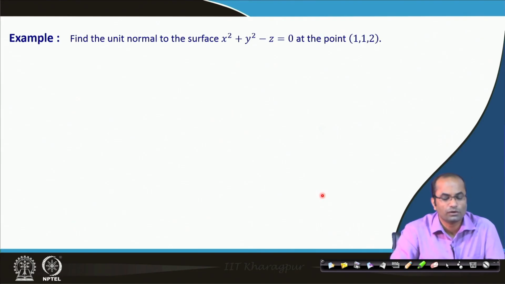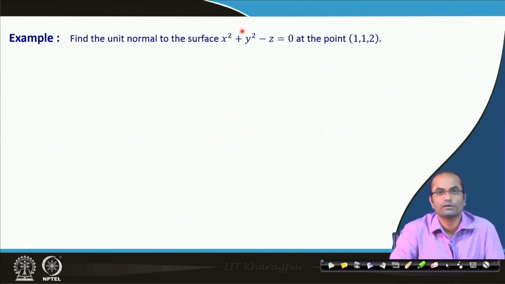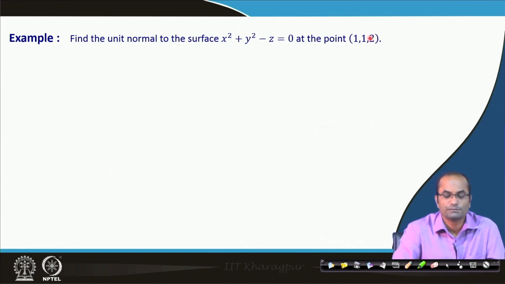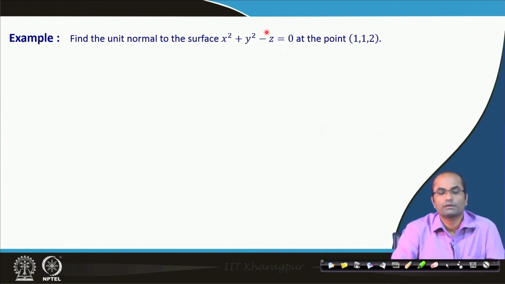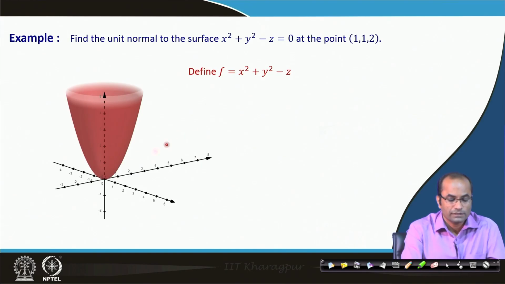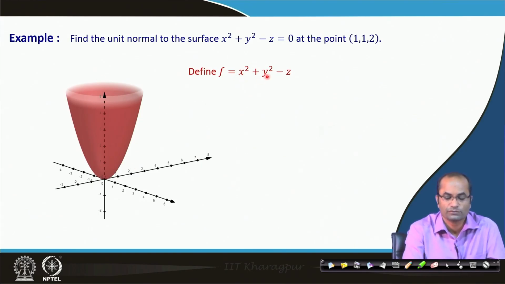Okay, so now we go through some examples. Find the unit normal to this surface. We are given x square plus y square minus z equal to 0 at the point 1 1 2. Note that this is like z is equal to x square plus y square, so it is the equation of a paraboloid.